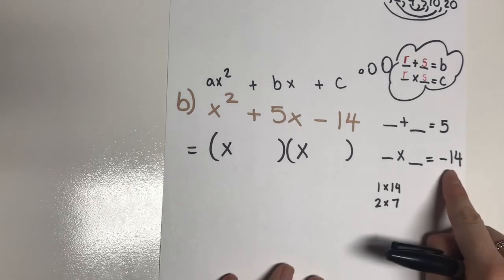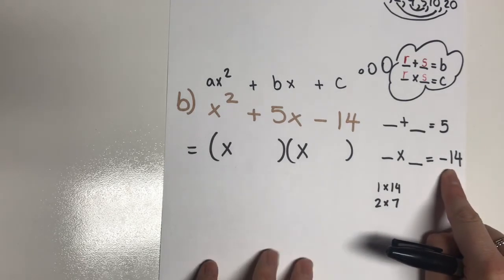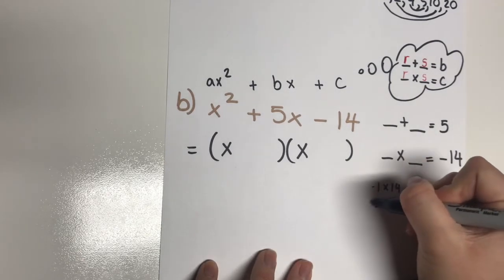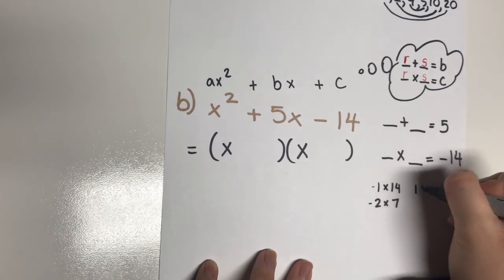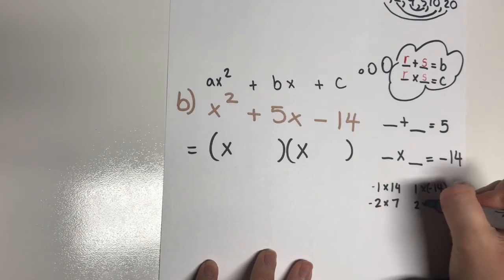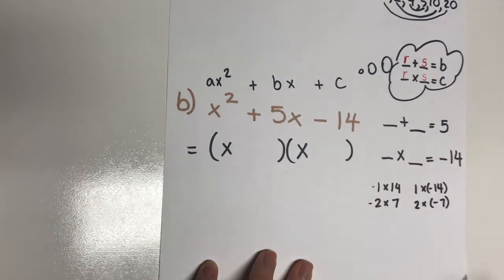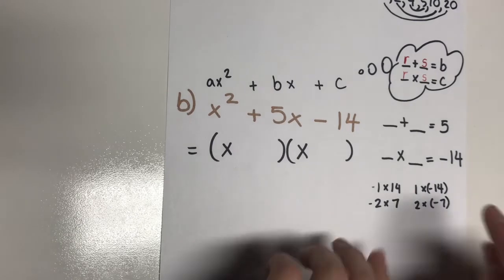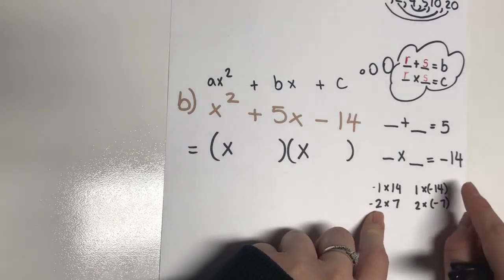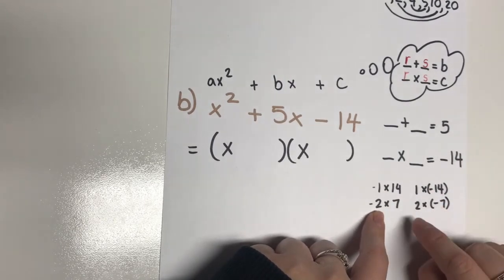But I know that it has to be a negative 14, which means that one of the numbers has to be negative. Now that I know which numbers I can multiply to make 14, I'm going to check which of these add up to make 5.